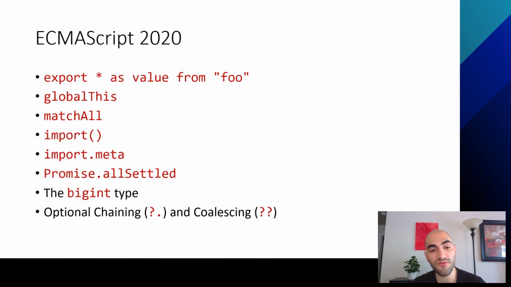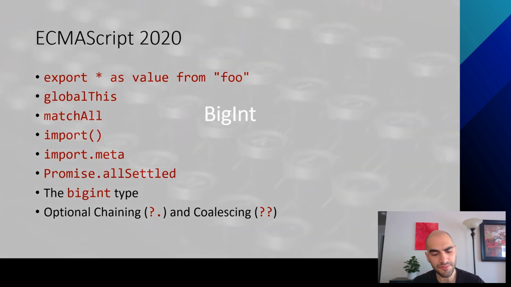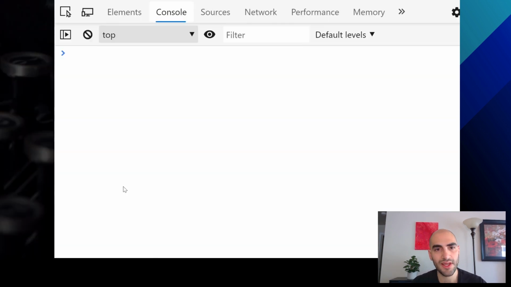And while TypeScript has had support for a lot of these, now they all have pretty broad adoption throughout different browsers, right? And I think the two most interesting ones here are maybe the big int type and the optional chaining and coalescing operators. So what are these things?